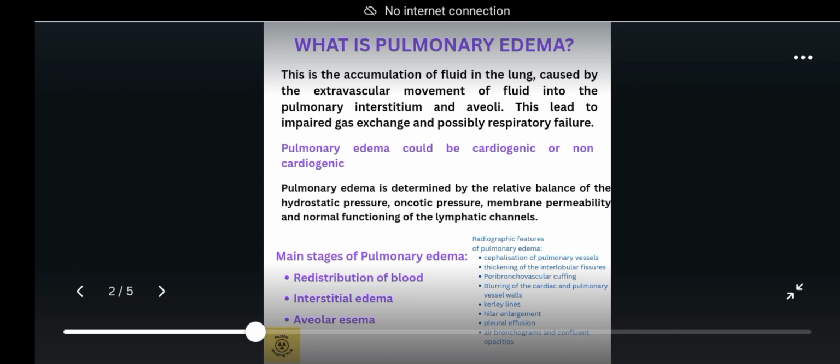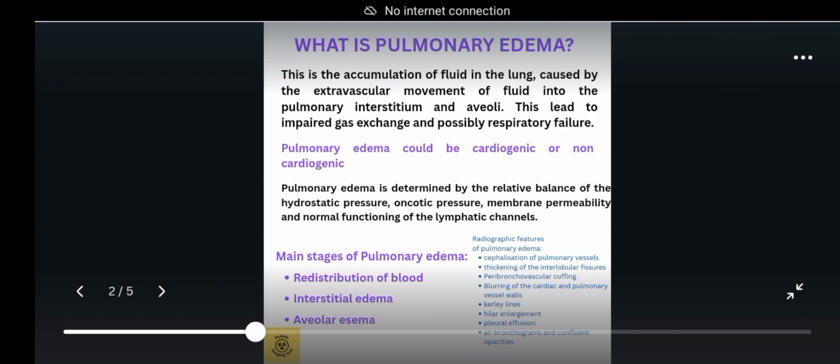Pulmonary edema is determined by the relative balance of the hydrostatic pressure, oncotic pressure, membrane permeability, and normal functioning of the lymphatic channels. So what are these pressures? Hydrostatic pressure is the pressure within the capillaries which drives fluid out of the vessel. Then oncotic pressure is the pressure related to the macromolecules in the blood which help to retain fluid in the vessel.